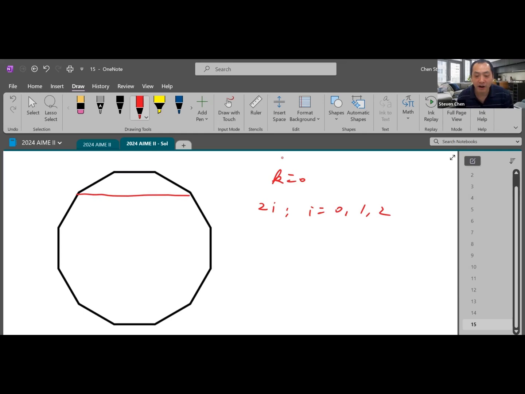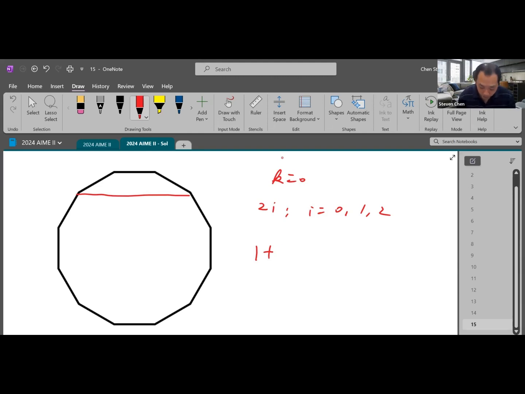Okay. How many pairs of horizontal lines? First, there's one scenario that the second horizontal line has the same length as this shorter one. So both horizontal lines have equal length. So this is one scenario. Plus the second scenario that the two horizontal lines have distinct lengths. In this scenario, in the first step, we need to decide whether the upper line is shorter or the lower line is shorter.